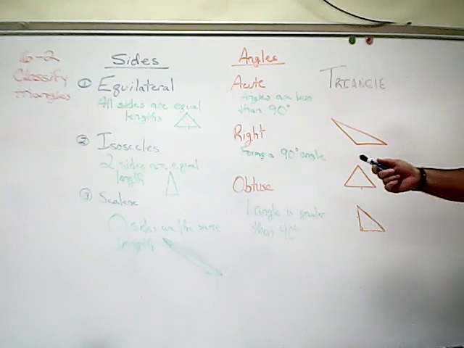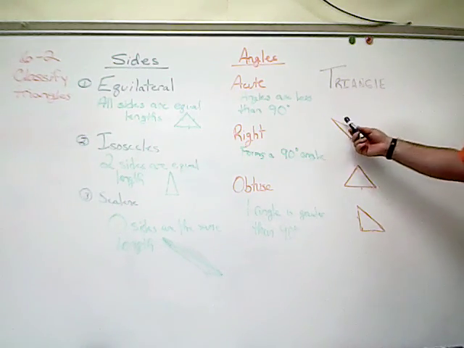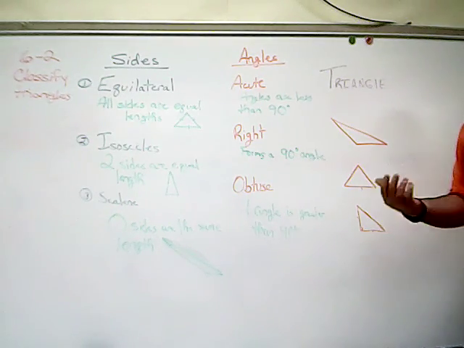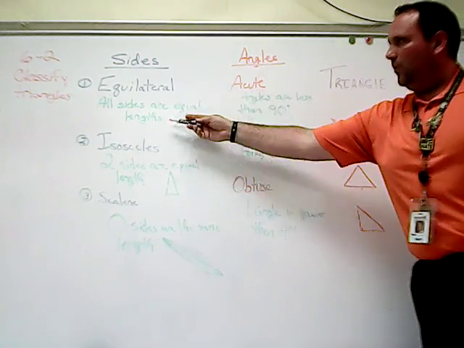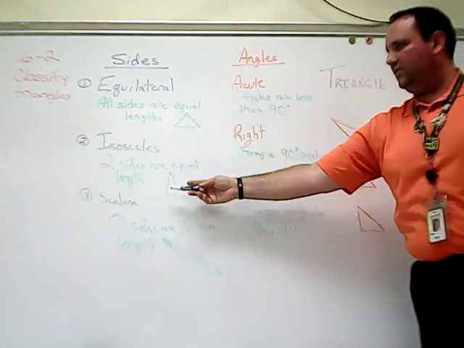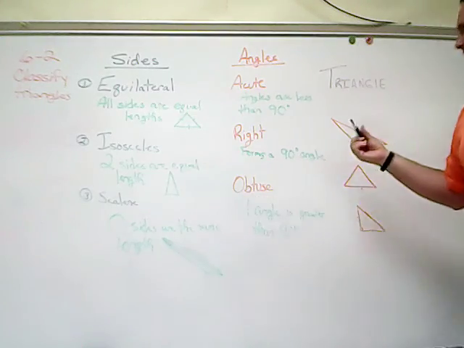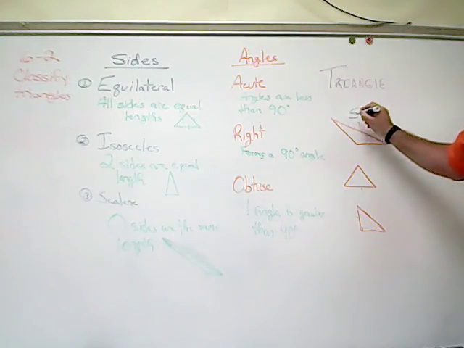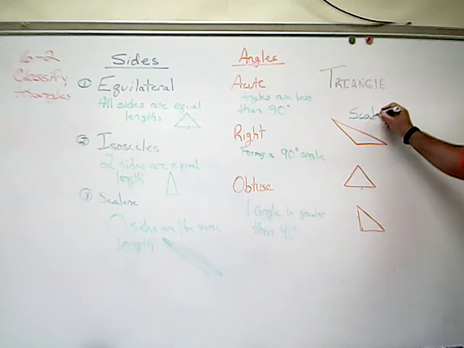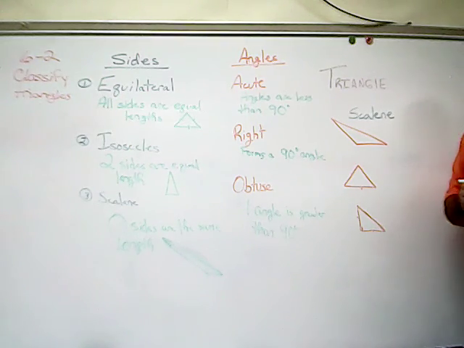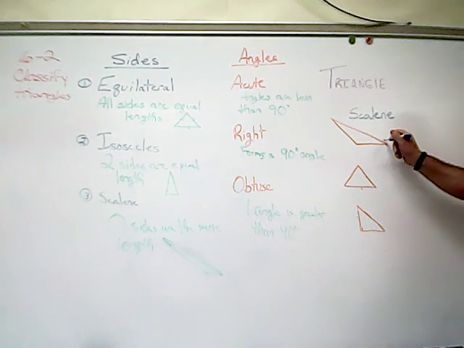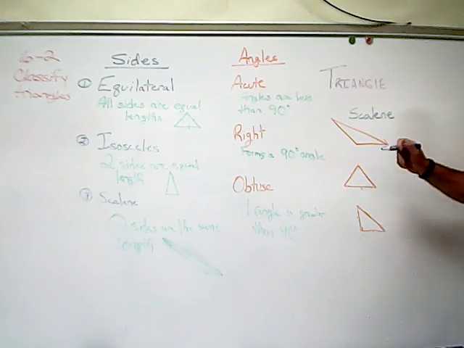The first one, I'm going to classify this triangle by its sides. Well, I can see that none of the sides are the same. So, looking at which one of my names has zero sides of equal length, it's going to be a scalene triangle. The scalene. Now, I need to look at the angles. Well, this angle here is an acute angle.